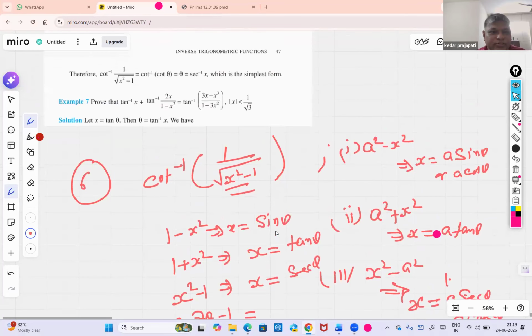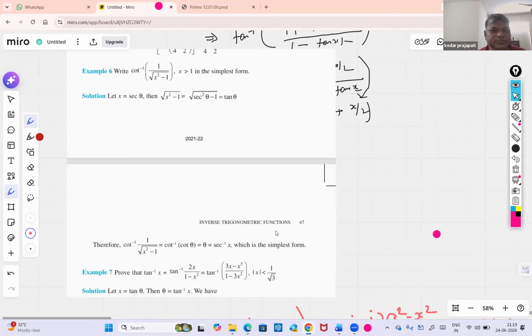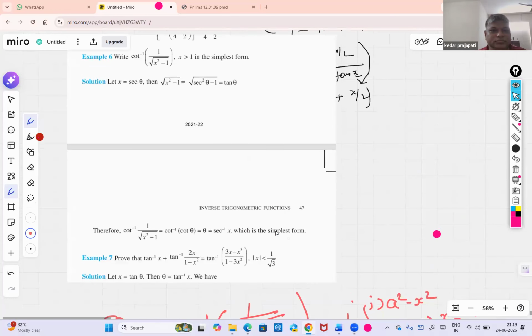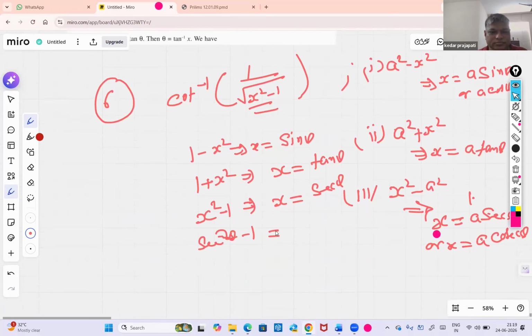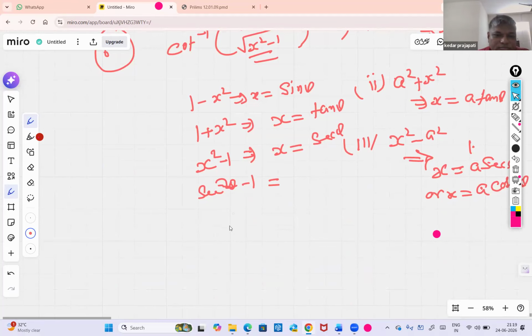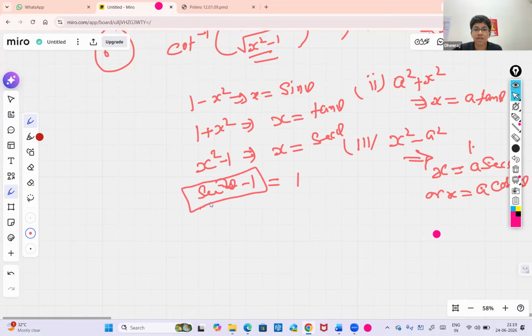Sec square theta minus 1 is how much? Tan square theta.